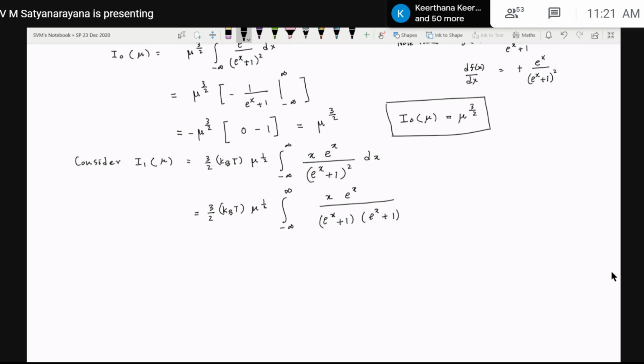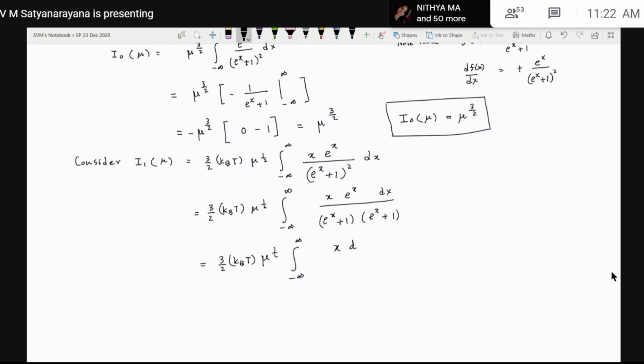Now I will take this e to the x in the numerator to the denominator, and then I can write this as 3 by 2 kBT into mu to the power half, integral minus infinity to infinity. So there is a dx sitting here.